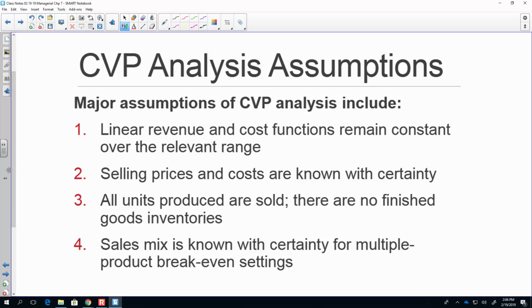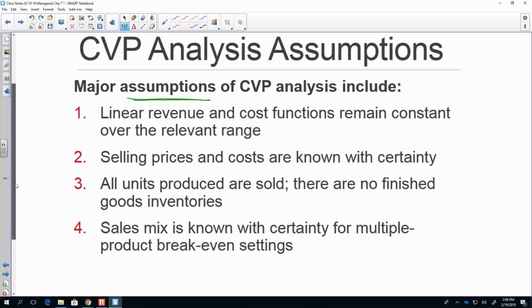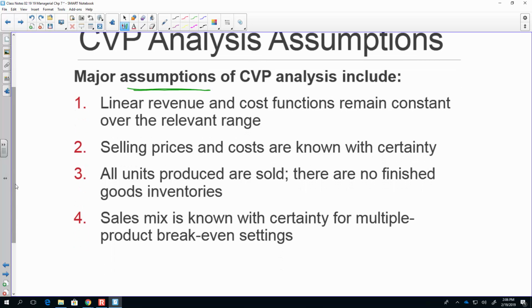Please know that with any type of prediction, and that's what this is, it's a prediction, we have to be using assumptions, and we have to know that our costs are consistent, right? Otherwise, these projections, these break-even computations are really pointless. Not only do our costs have to be consistent, but our pricing has to be consistent.